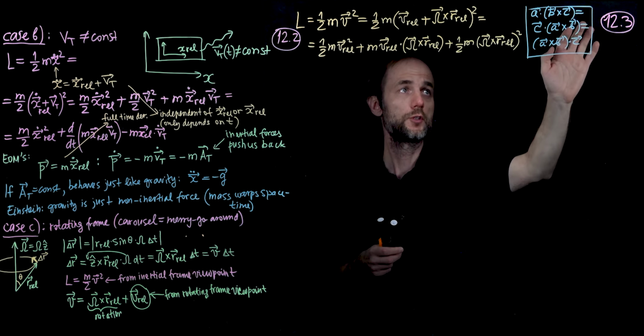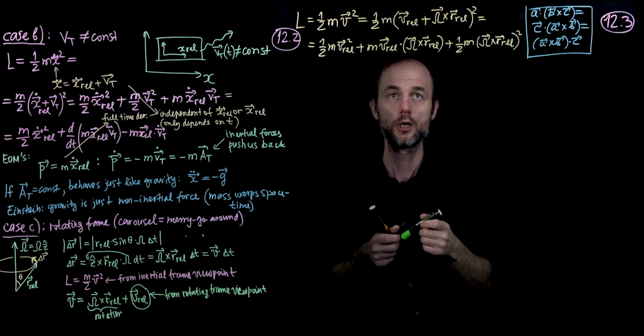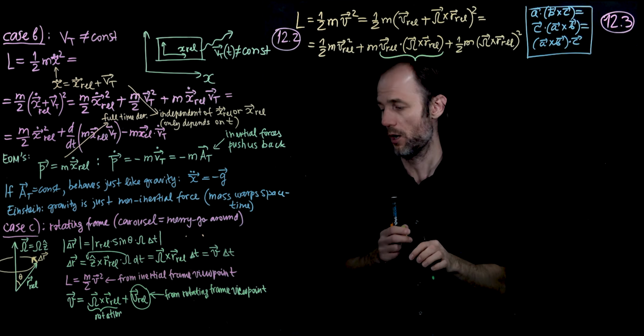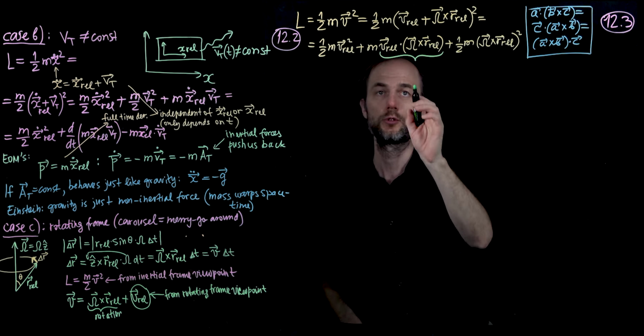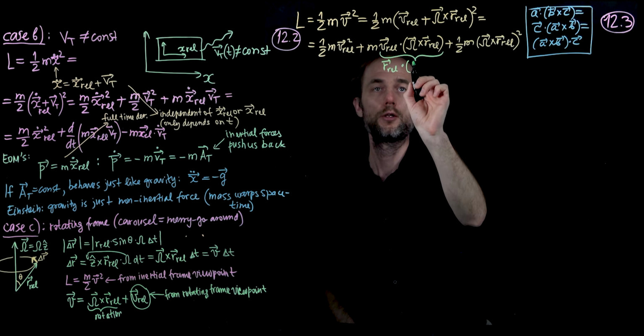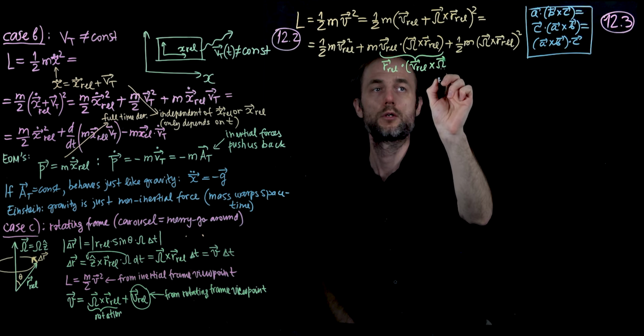If we use the first relationship and apply it to this term, we get that this is equal to r_rel dot v_rel cross omega.